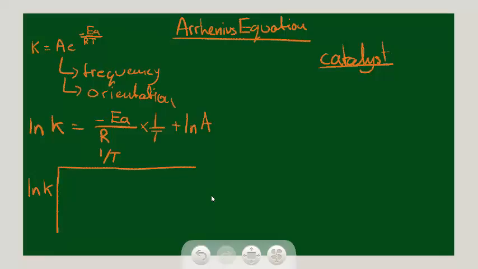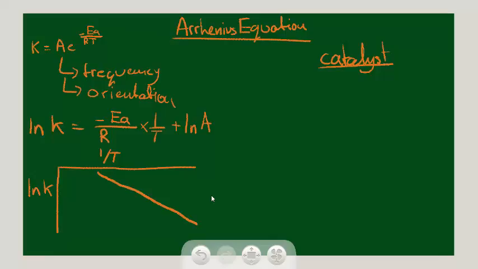Since it is a reciprocal value, we would expect to see a negative gradient, something along these lines. The value of this gradient times negative 1, since we have negative activation energy over R, would be equivalent to the activation energy, measured in kilojoules.